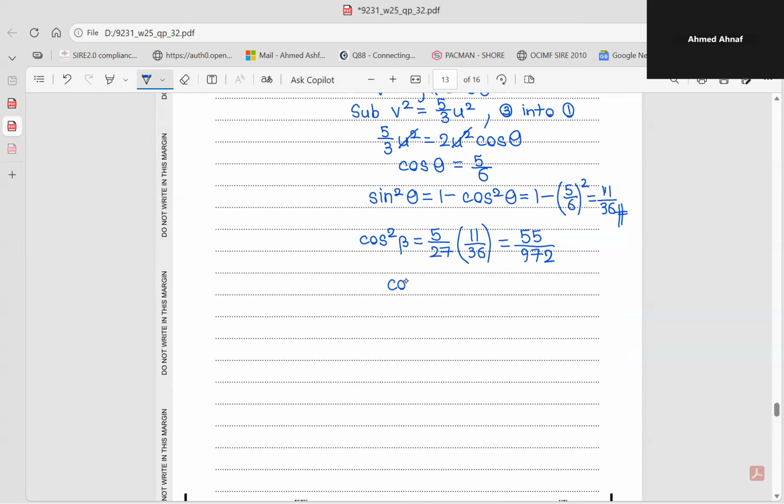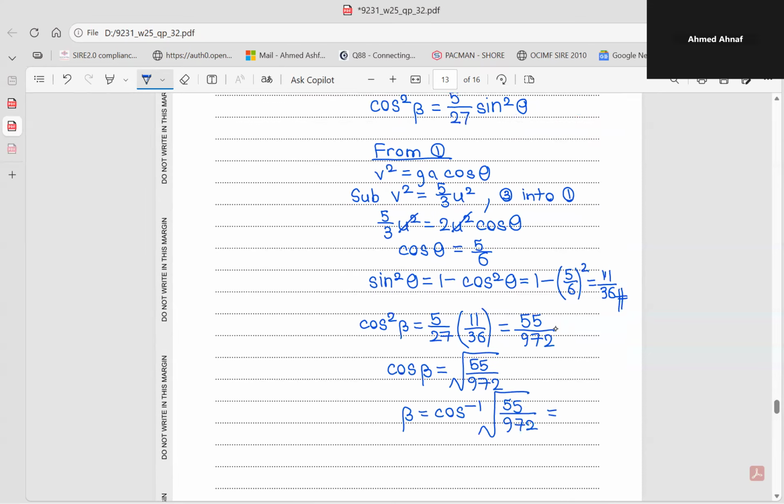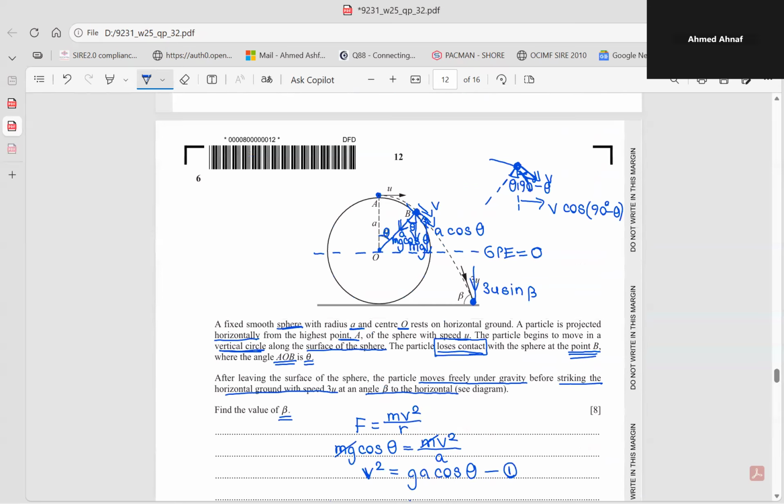And then yeah, cosine beta is just going to be the square root of this 55/972. And therefore beta is just going to be cosine inverse of this. Just press your calculator. Okay, before that, let's check what's the unit of beta.